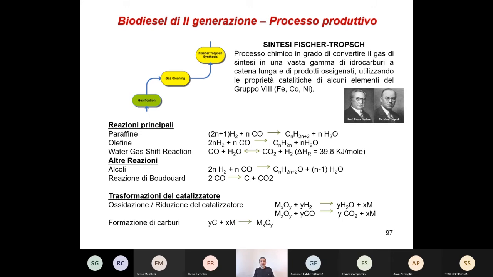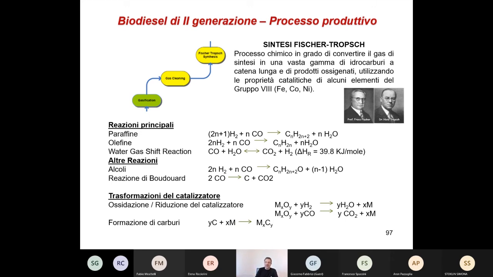But just to have a story of this process, and also why we call it Fischer-Tropsch synthesis. Franz Fischer and Hans Tropsch were the two scientists who discovered this process.